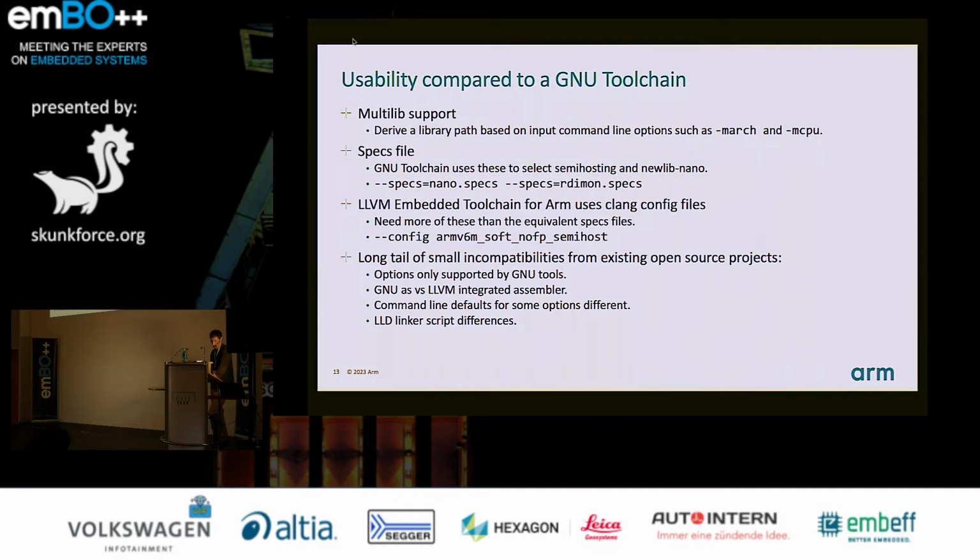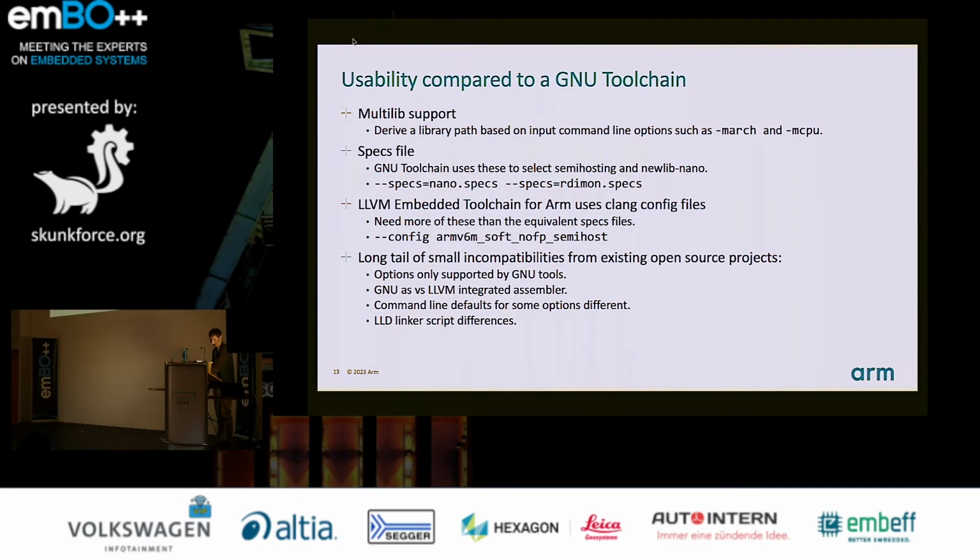So with the LLVM embedded toolchain for ARM, we've emulated multilib and specs files with config files, but it's meant that we've had to have a lot of config files, because we're making one config file for every possible combination, which isn't particularly scalable at the moment. And we're also expecting a long tail of small incompatibilities. Whilst the GNU assembler and the LLVM integrated assembler accept the same syntax, there's bound to be small incompatibilities between the two.